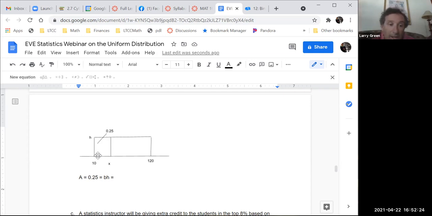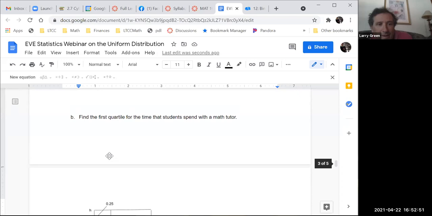Again, you don't know X, so it's going to be in terms of X. 10 times X equals 0.25, not quite. How do we get the base? None of this 0.25, just how do we get the base of this rectangle? What's its length in terms of X?